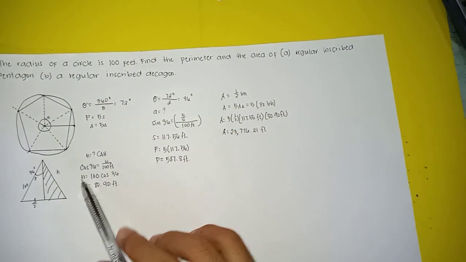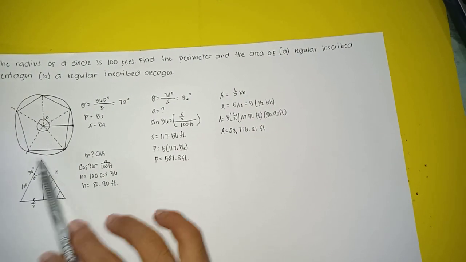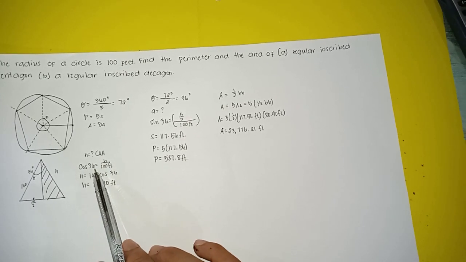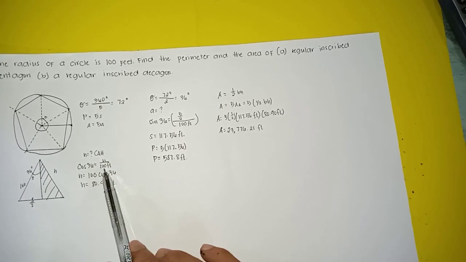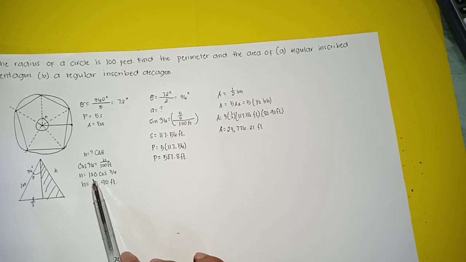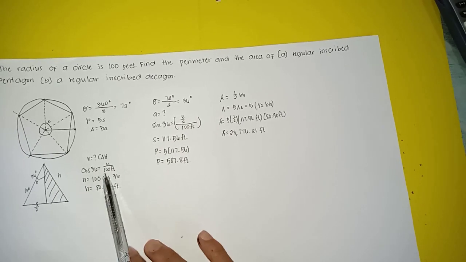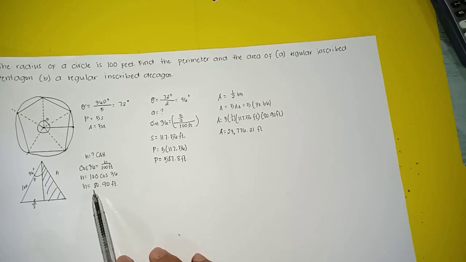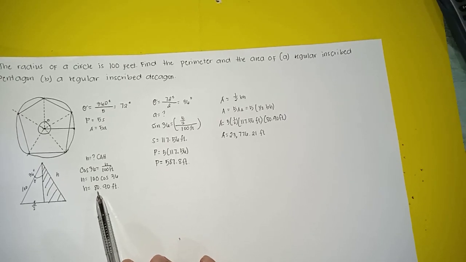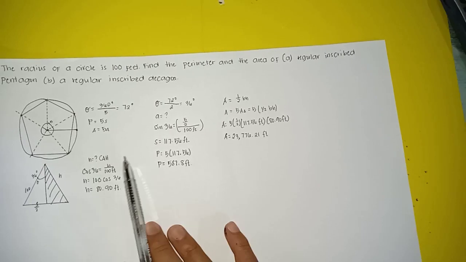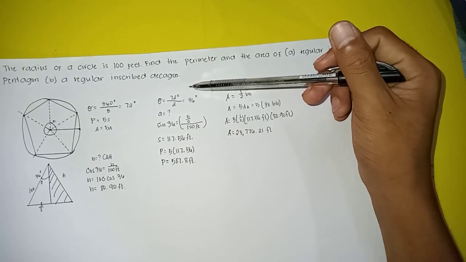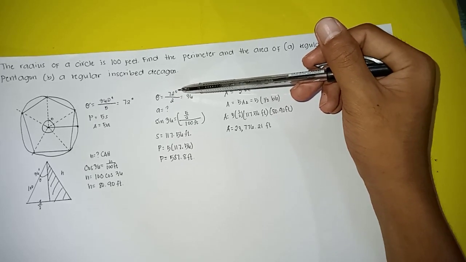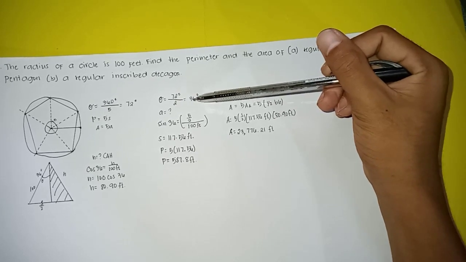Then next we will solve for the triangle. We will use cos 36 equals h over 100 feet. H equals 100 times cos 36. H is equal to 80.90 feet.